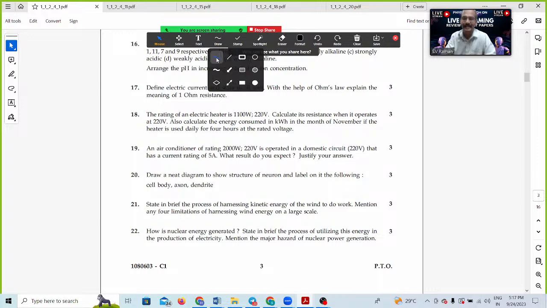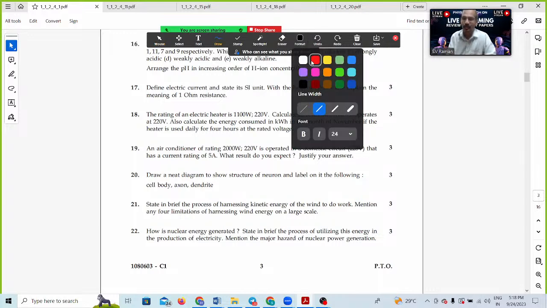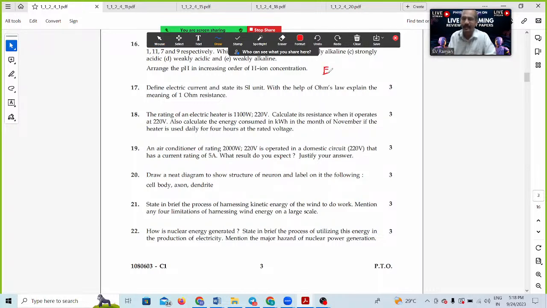So define electric current. So write down the heading of electric current. How to define electric current? The flow of charged particles in unit time is called electric current.